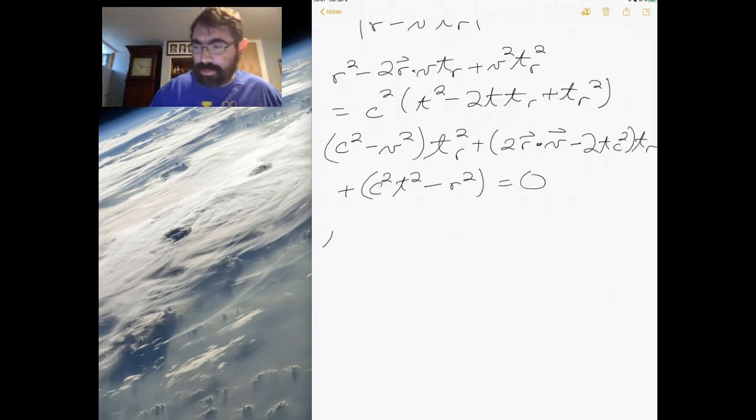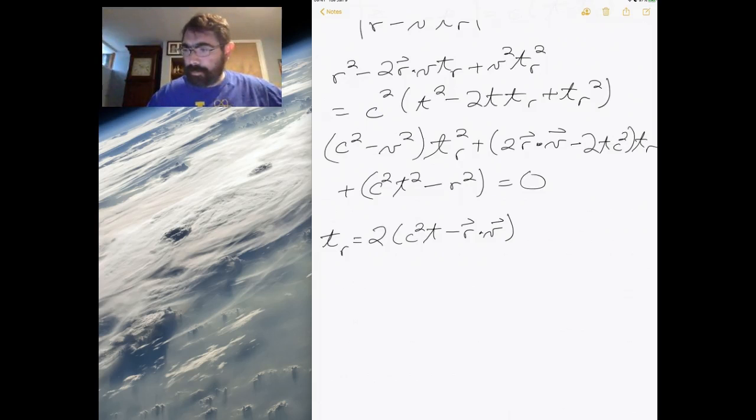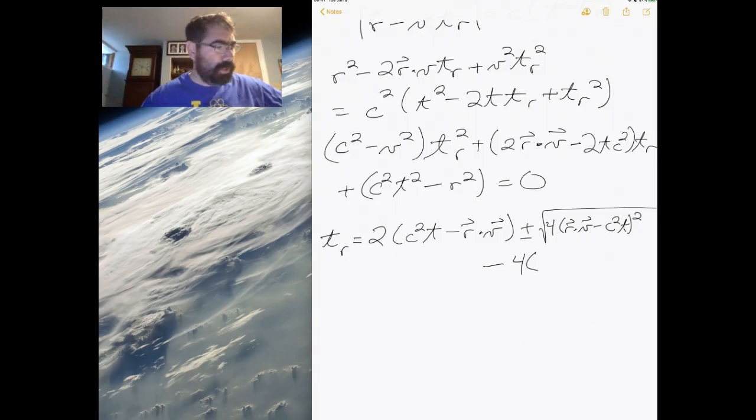Okay, so now if I solve this with the quadratic equation, t_r is equal to 2 c squared t minus r dot v, plus or minus the square root of 4 r dot v minus c squared t quantity squared, minus, this is still under the square root, 4 c squared t squared minus r squared times c squared minus v squared.